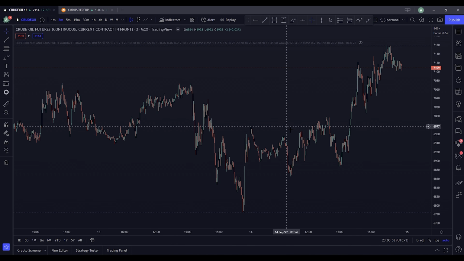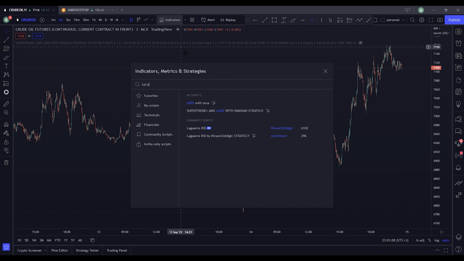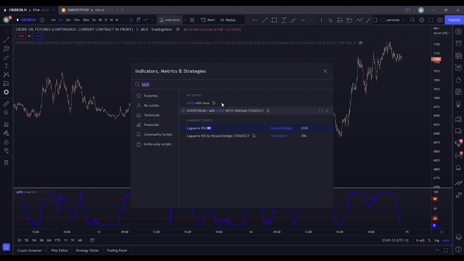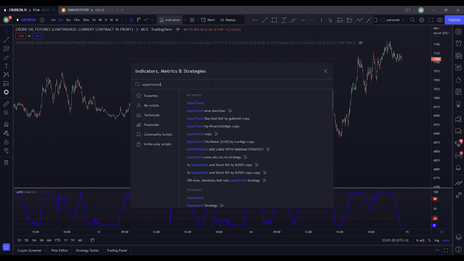This strategy includes 3 free TradingView indicators. Now let's go ahead and add them to our chart. Laguerre RSI. Super Trend Plus.